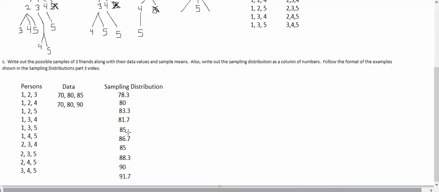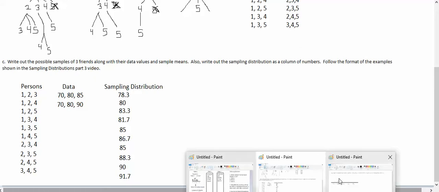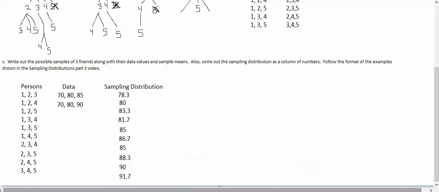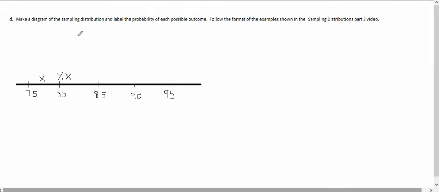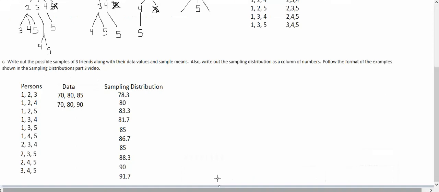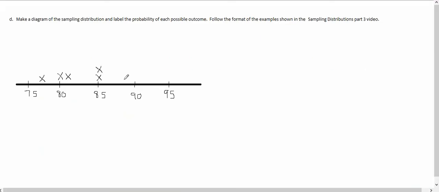And then we have actually two 85s. So we need to stack those on top of each other. If two of the numbers are the same, it's actually important to put them right above each other, because that'll help us calculate the probabilities. So we have two 85s. Now we have an 86.7. I'll just put that right here, just at roughly the correct place.